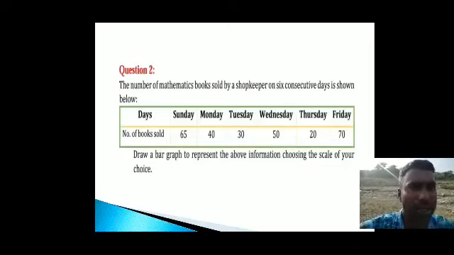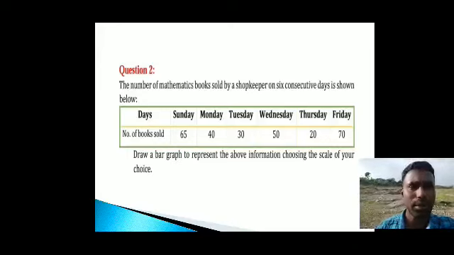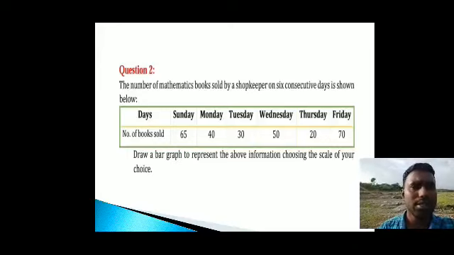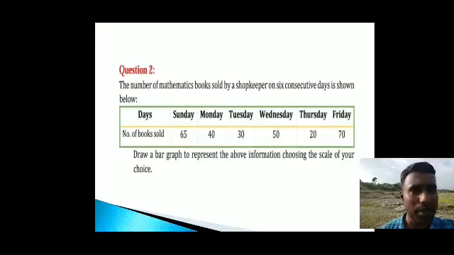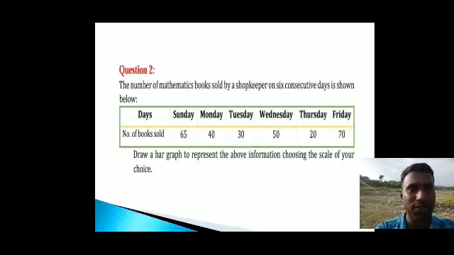Here 65 will not be divided by 10, but the other numbers divide by 10. So can you find any other common number which can divide all of these? I can say 5.